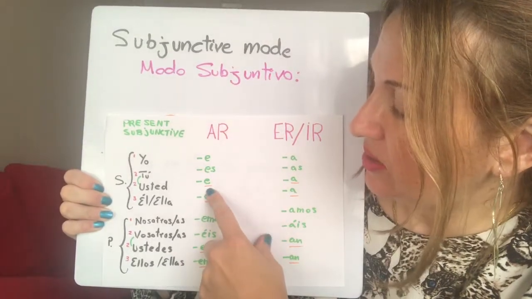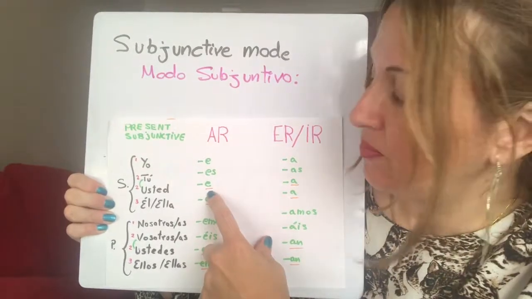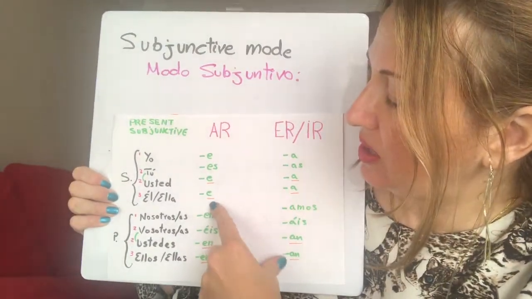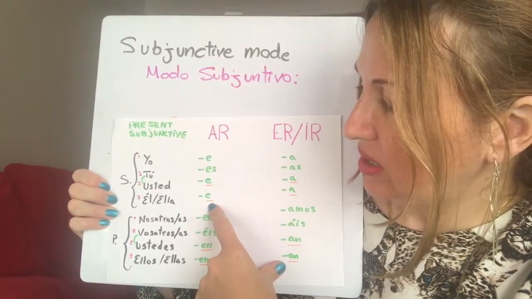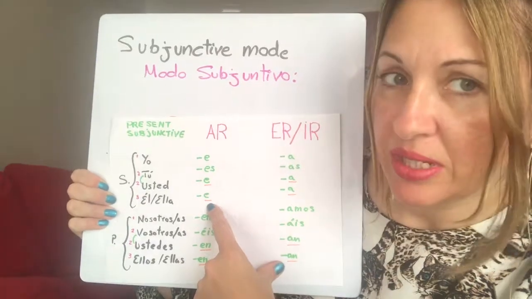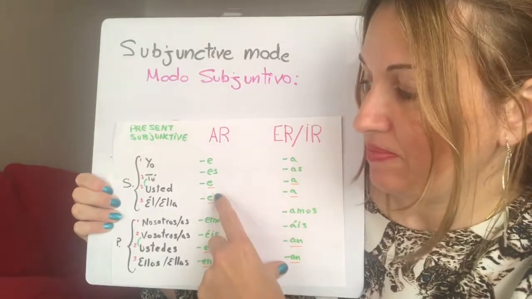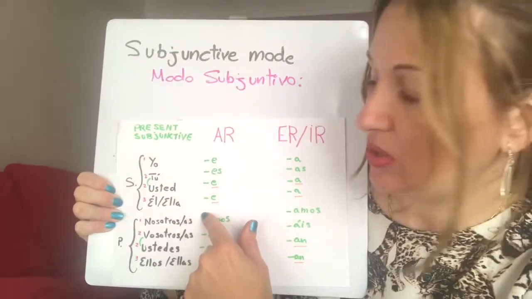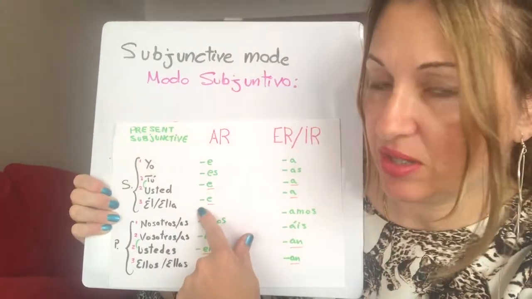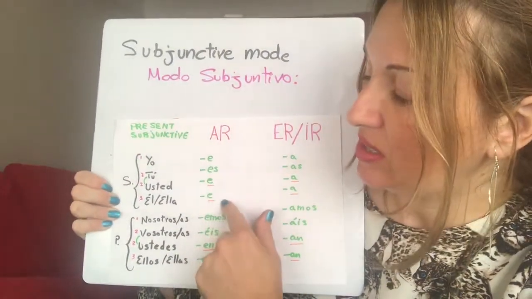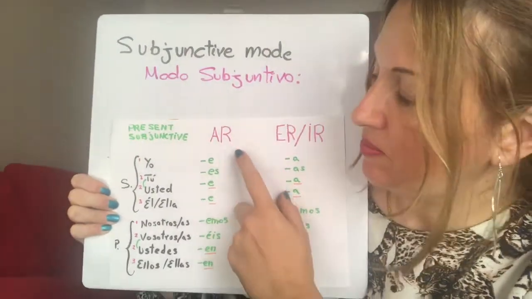This one is under the singular formal you, and this one here is under the third person of the singular group. That means that in every case the ending will be the same, even if they are different persons, because one obviously is the you formal and the other one is he or she, the third person of that group, but the endings of the verbs will be the same. Okay, always the ones that belong to the AR.